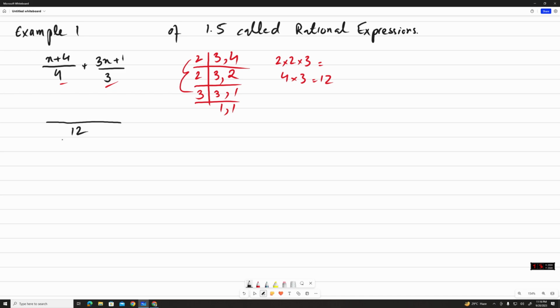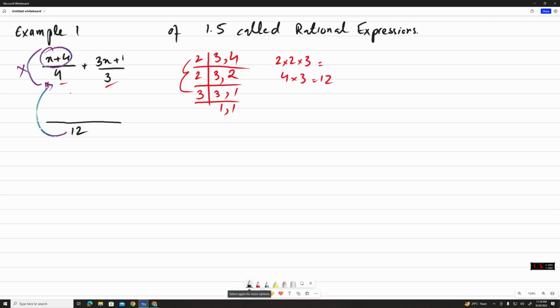Oh, this is a very colorful pencil, so I'm going to learn this Microsoft Whiteboard as we work on the problems. We divide 12 by 4 and then multiply whatever we get into the numerator over here.